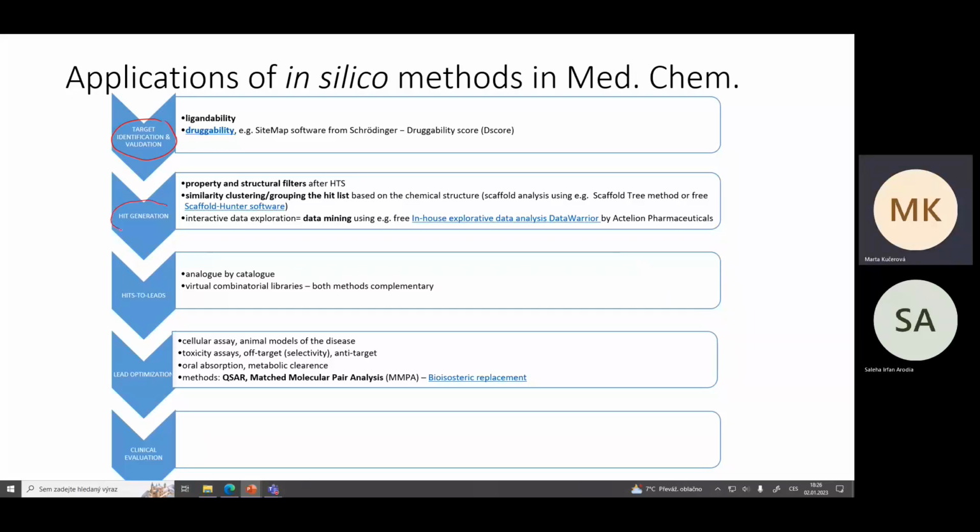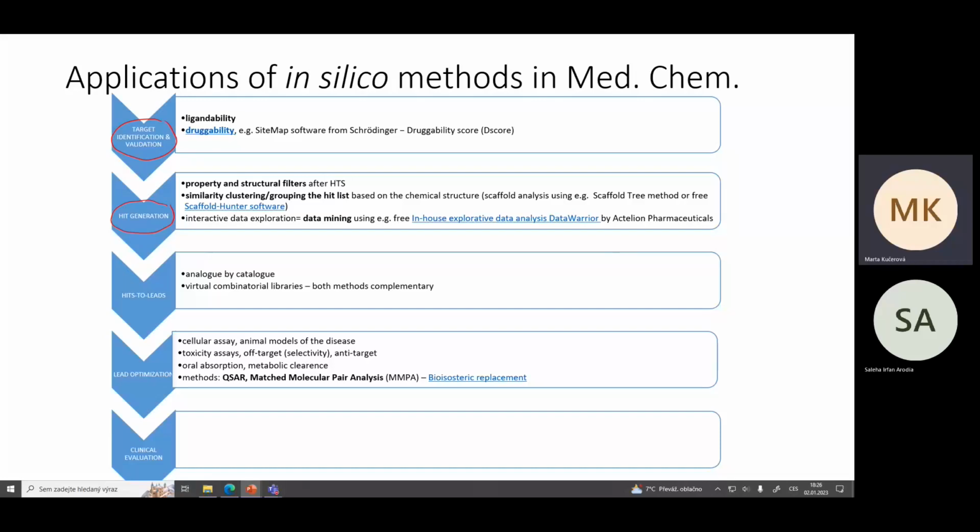During the hit generation, like generating active compounds against a specific target, we use different methods. For example, property and structural filtering. The typical filter is, for example, the Lipinski rule of 5.